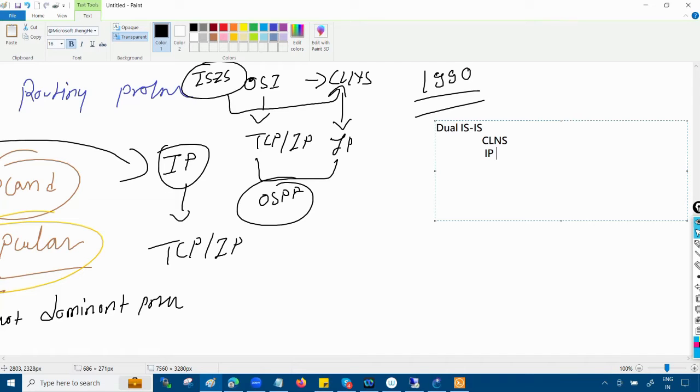What are people thinking about ISIS right now? They think ISIS is a recently new protocol, that OSPF came first. No, the first link state routing protocol is ISIS. Later on they introduced dual ISIS, also known as integrated ISIS.